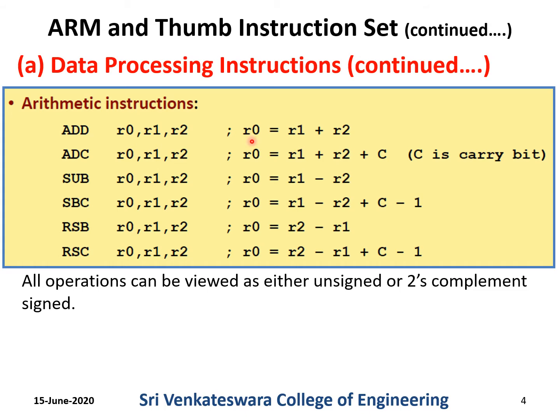So it performs this operation: R0 is loaded with the sum value R1 plus R2. Similarly, ADC is add with carry, SUB stands for subtract, SBC stands for subtract with carry, and RSB stands for reverse subtract. RSC stands for reverse subtract with carry.